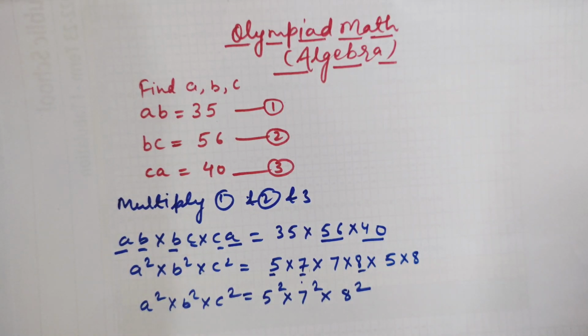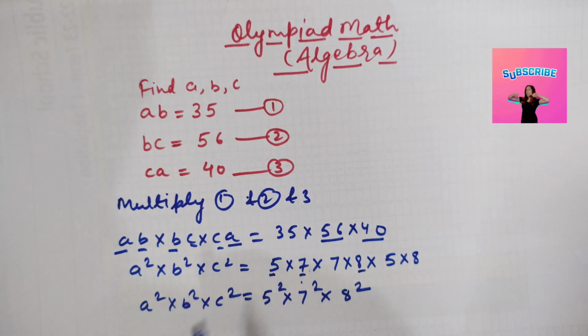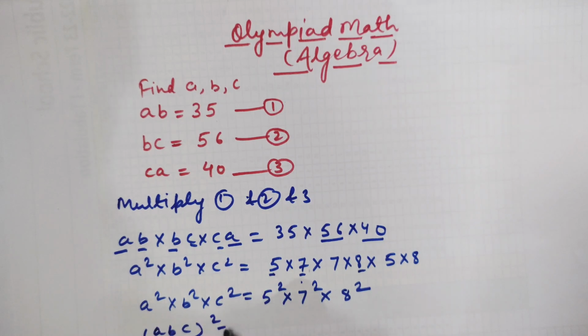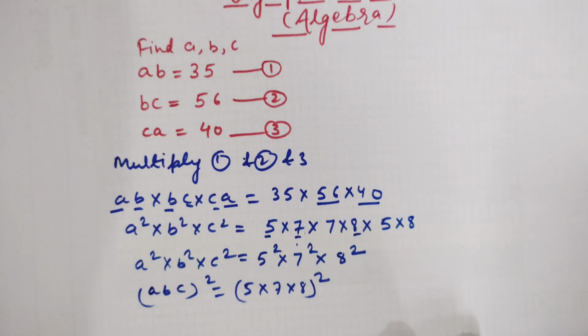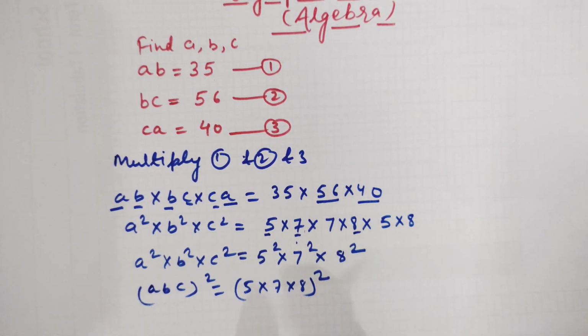Now you can observe that the patterns are the same on both sides. First of all, we write these squares in whole form: ABC whole square equals 5 into 7 into 8 whole square. Now taking the square root on both sides.